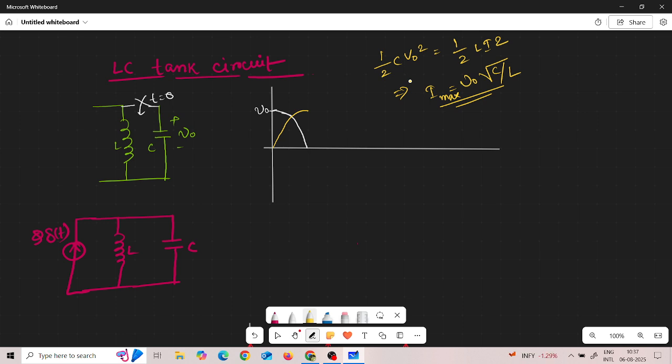Now what happened? This amount of current I naught stored by the inductor will now charge the capacitor in this way, in the opposite direction. So the capacitor will start charging in the opposite direction, and the voltage and the current stored by the inductor start reducing gradually.